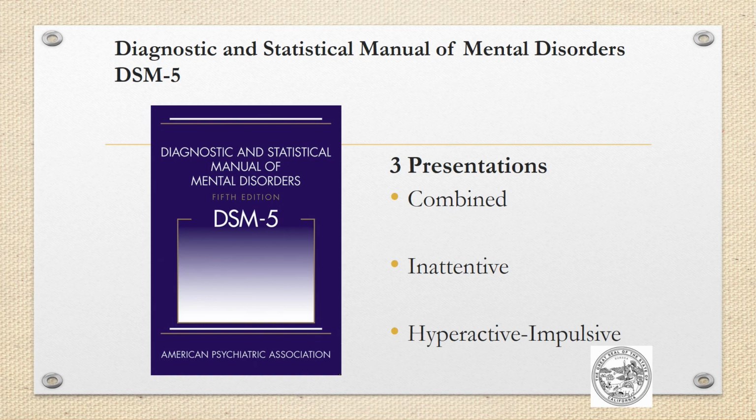We used to refer to these as 3 types. However, in recognition of the fact that all 3 of these are treated in a similar way, both behaviorally and with medication, the term has been revised to presentations of the same disorder.